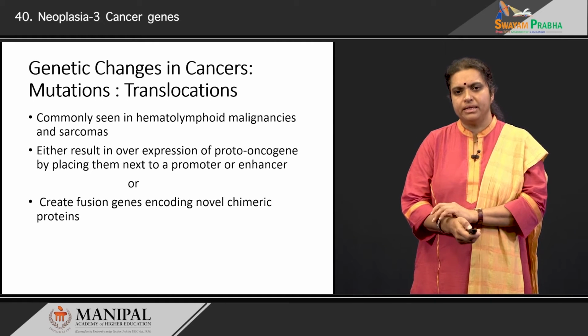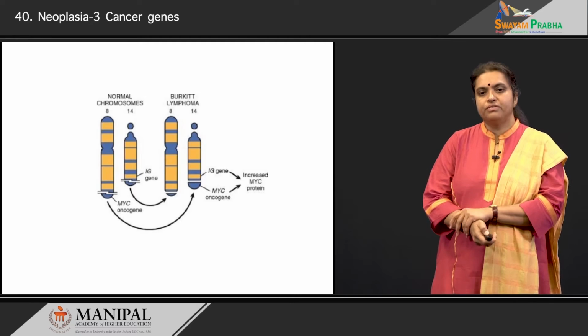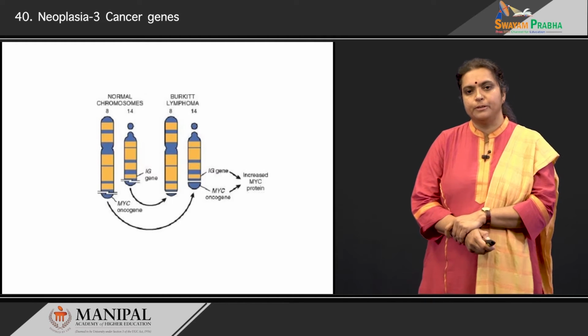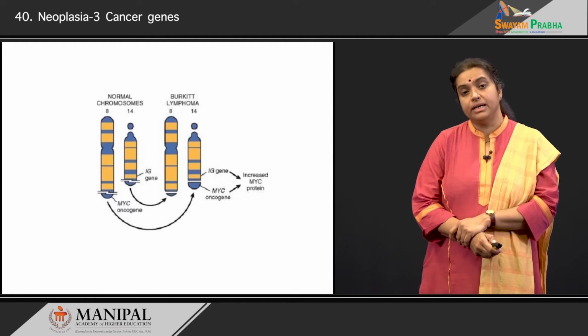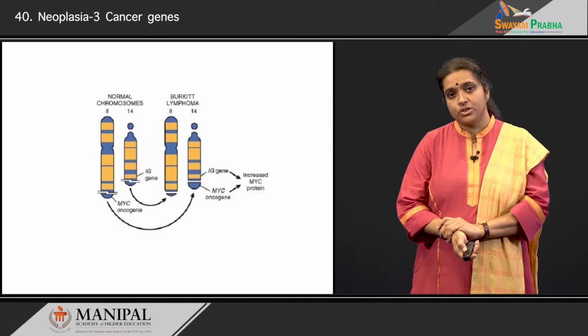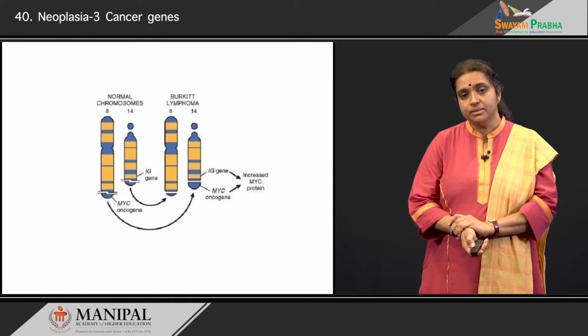Now, what do you mean by that? I will give you some examples. The first example is that of Burkitt lymphoma. It is a very aggressive lymphoma that affects children, very common in the African population.